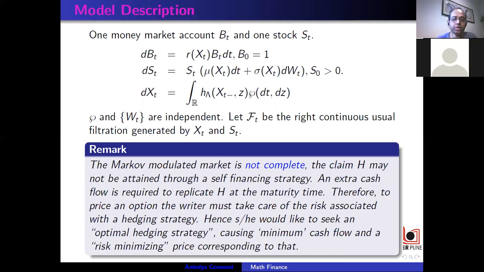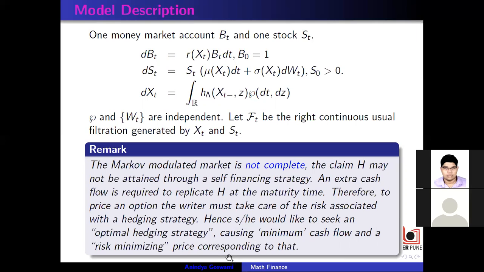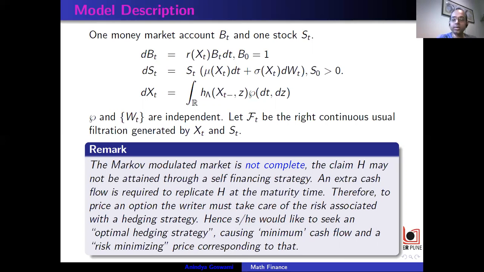So he or she would like to seek an optimal hedging strategy causing minimum cash flow, that is, risk minimizing. And whatever that strategy suggests, the initial premium should be your risk-minimizing price corresponding to that optimal strategy.